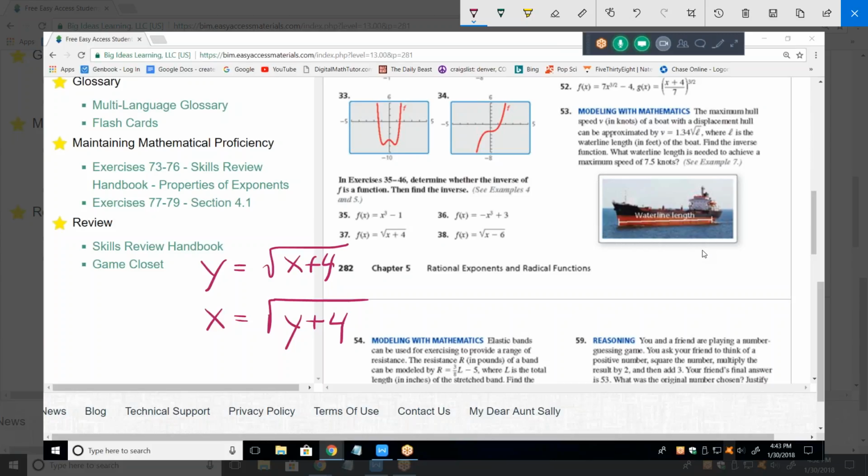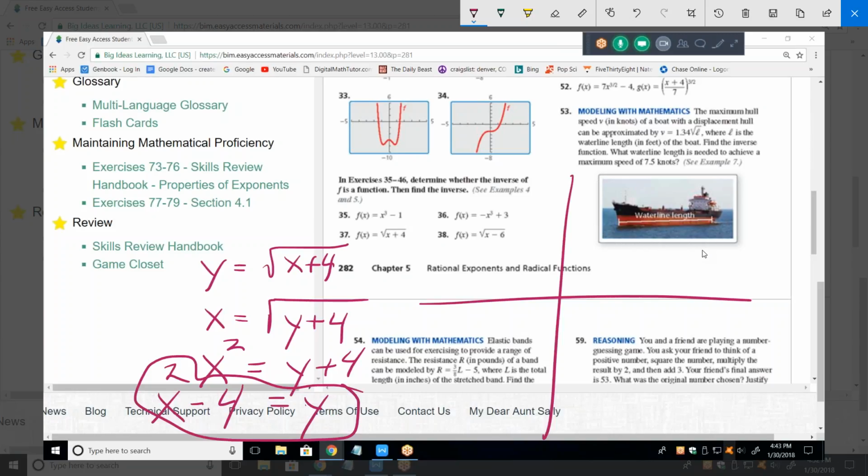So x squared equals y plus 4. And then, so it's x squared minus 4 equals y. Yeah. And notice what that is. That's a parabola opening upwards, shifted down by 4 units.